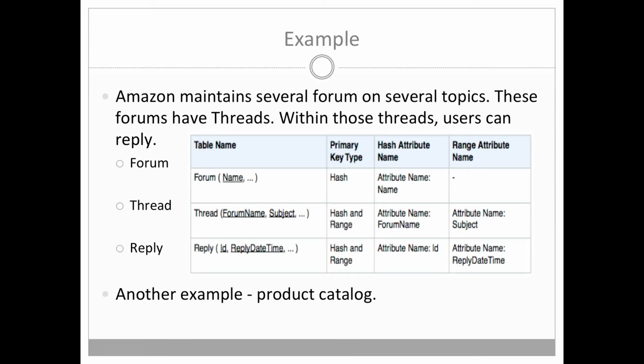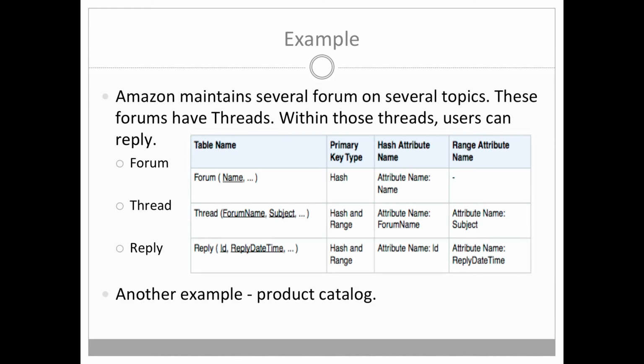So in this example, as I mentioned, the forum table has name attribute as the hash key and does not have a range key. Thread has a hash and range key, and the range keys are forum name and subject. Reply has a hash and range key. ID in this case is the key and is a composite of forum and thread along with the reply ID.